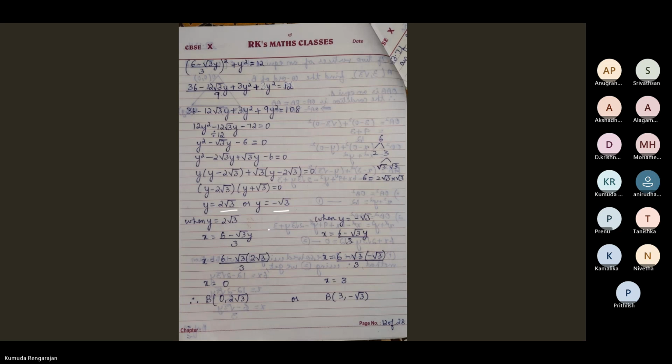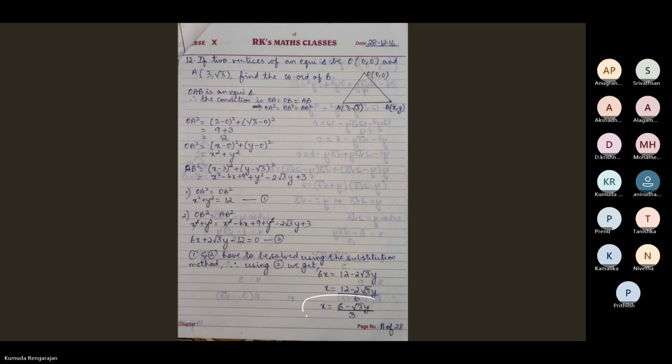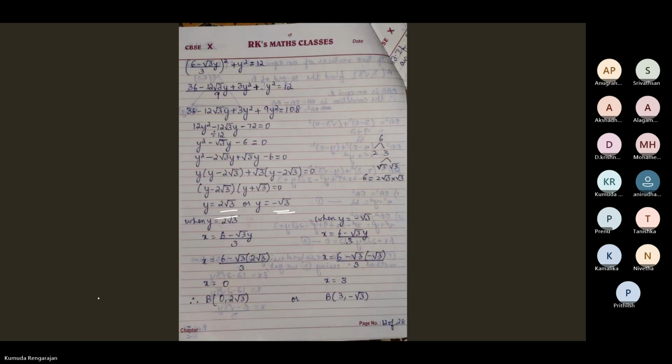Now for each value of y, find the corresponding value of x using this one. So when y is 2 root 3, x is 0.